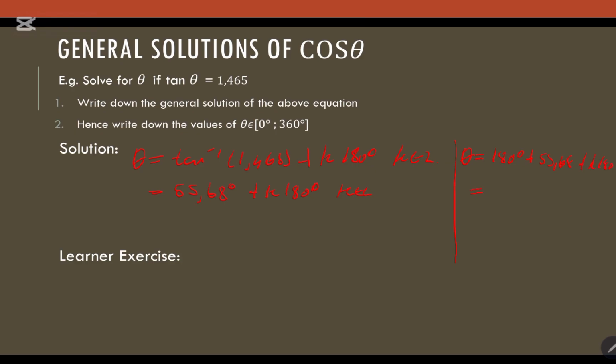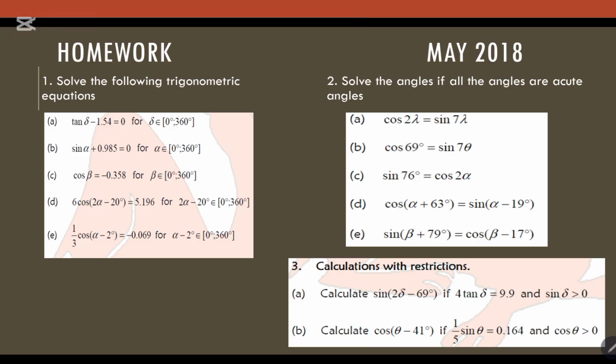So that is 235.68 plus k times 180 degrees. So all these general solutions will give you all the answers for which tan theta intersects with the line y equals 1.465.